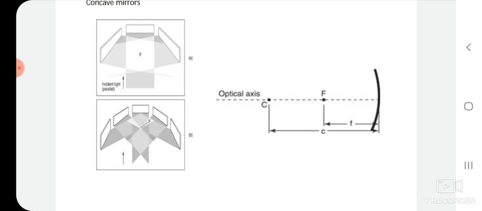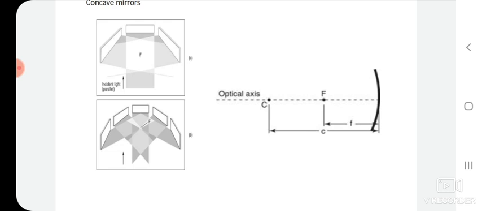The ray directed parallel to the optical axis will reflect through capital F. The ray directed from F will reflect parallel to the optical axis.